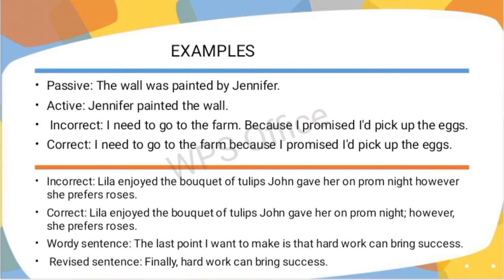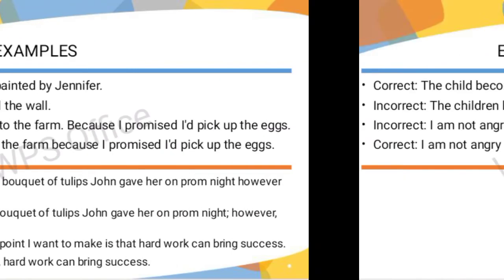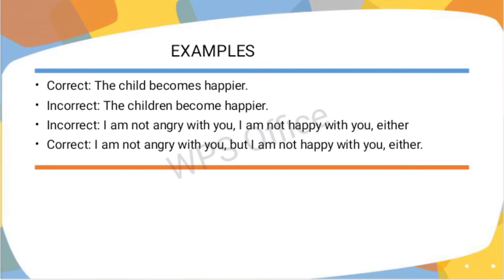Next is, the last point I want to make is that hard work can bring success. And the revised sentence is, finally, hard work can bring success. This example belongs to wordiness because it is trying to meet a certain word count. Now, let's proceed with the other examples.